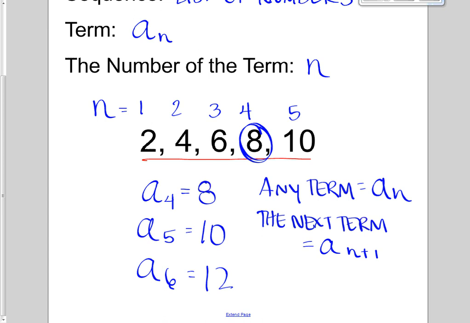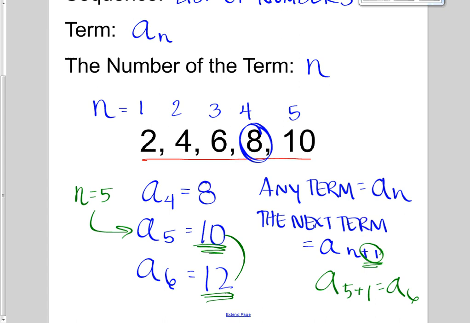Because if we look at this whole thing, assume that n equals 5, then this is my any term right here. If I add 1 to that, I would have A to the 5 plus 1, well that's A6. A6 is this term here, and so by putting the plus 1 on the end, it switches it to the next term. It seems kind of simple, but it just looks confusing to get it all together.